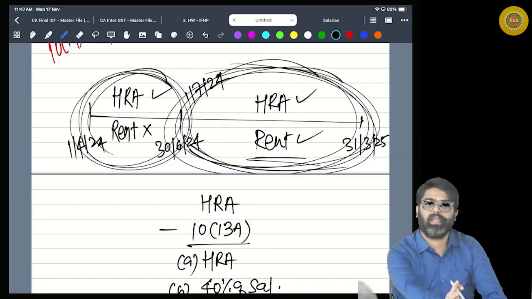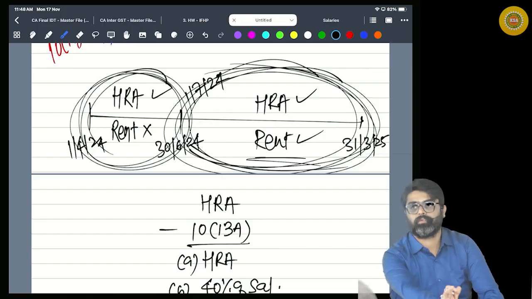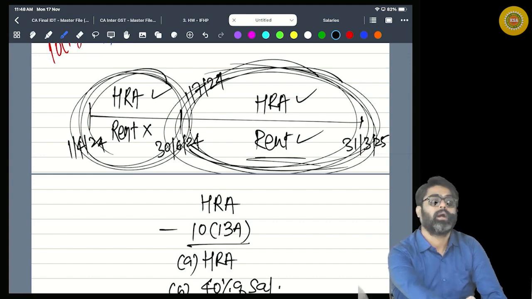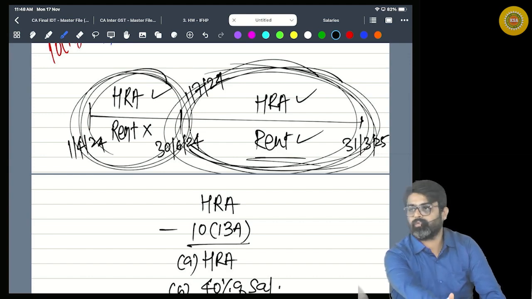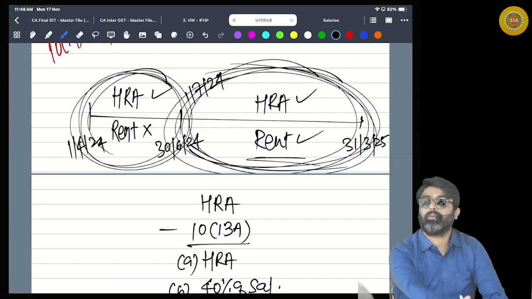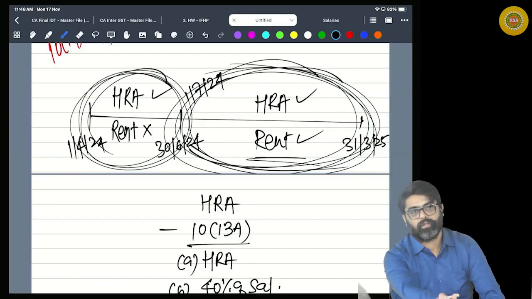Now exemption will be A, B, C, whichever is lower. A, actual HRA. B, 50% or 40% of your salary depending on the place where you are paying rent. If you are paying rent in metros, then 50% of salary. Other places, then 40% of salary. And limit C will be rent paid minus 10% of salary.